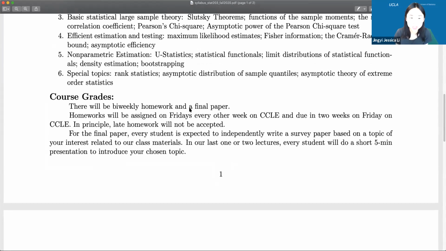For the final evaluation, we will ask everyone to submit a final paper. The final paper is expected to be written independently by every student. You have the flexibility to choose a topic of your interest related to our class materials. It doesn't have to be cutting edge research.